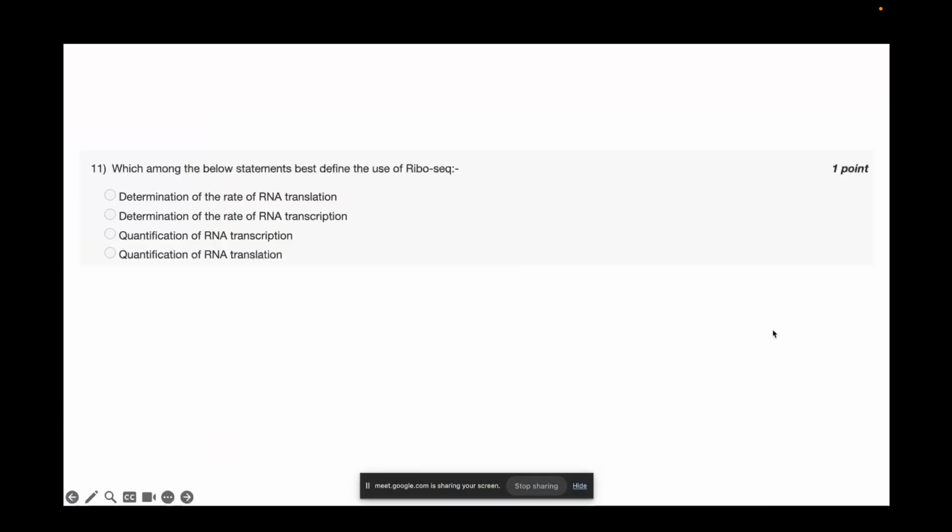Ribo-seq can tell you about translation. As I was telling you in the earlier question, Ribo-seq will tell you if a ribosome is bound to the mRNA, which in turn can tell you if it is ready for translation or not. So for translation information, you have to use Ribo-seq. It can quantify RNA translation.